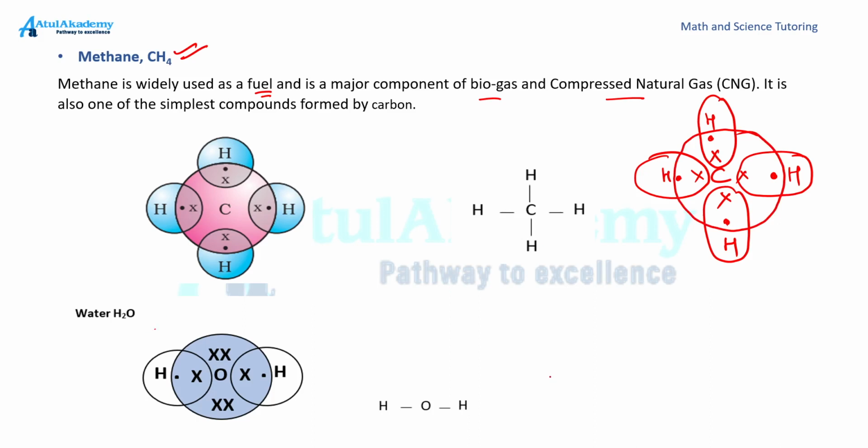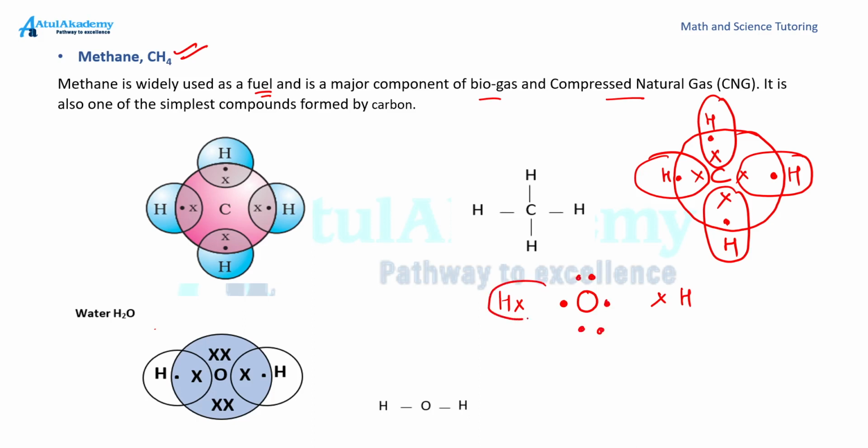Water, let's talk about water. So water, hydrogen again has only one electron. Oxygen has 6 electrons. I'll differentiate it because there are 2 different elements. So I'll keep it as dot for oxygen. Let's say 1 over here, 1 over here, 4, 5, 6.